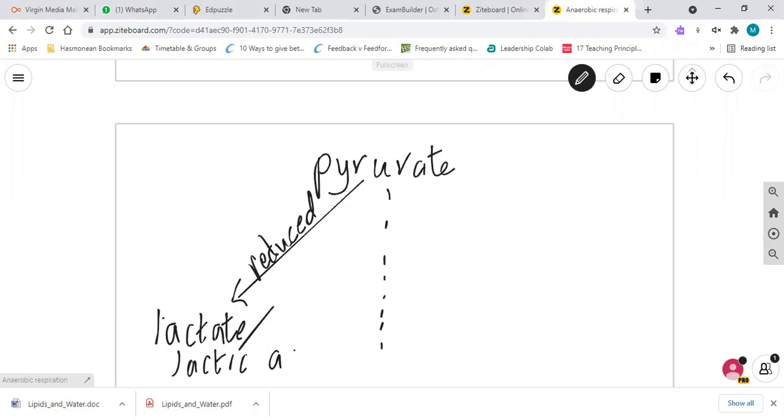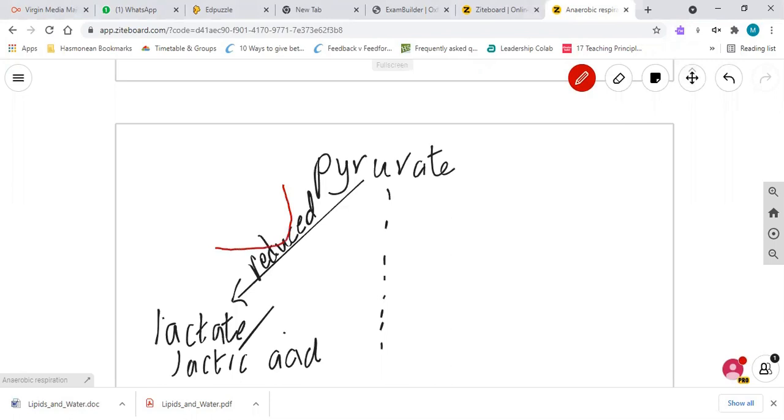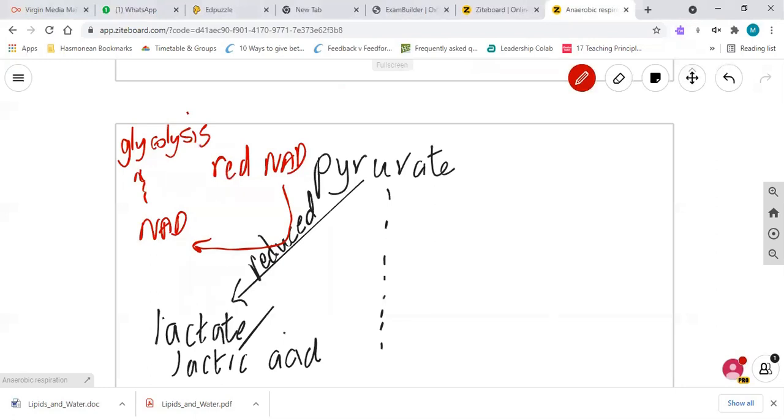And that reduction is going to occur by the reduced NADs being oxidized back to NAD, and the hydrogen ions going to reduce the pyruvate. Now, the advantage of that is that NAD can then go back to glycolysis so that more ATP can be made. And that's in the case of animals.